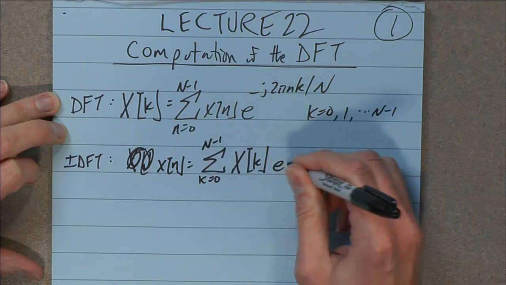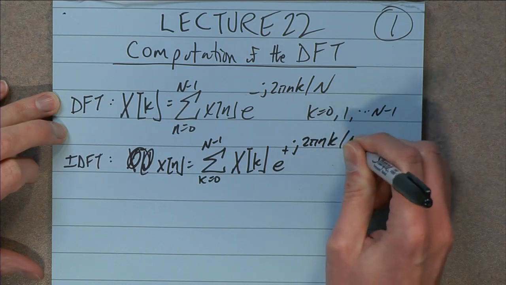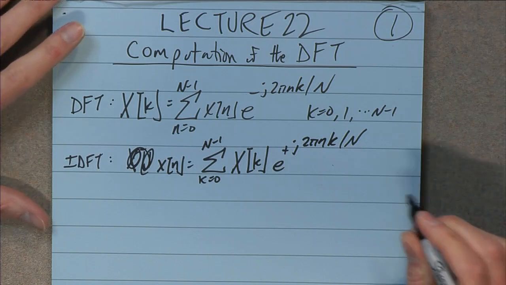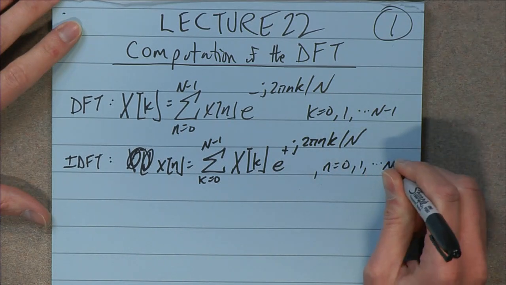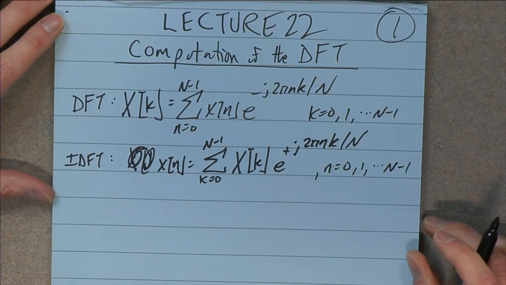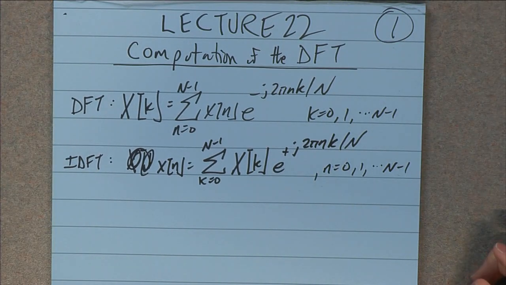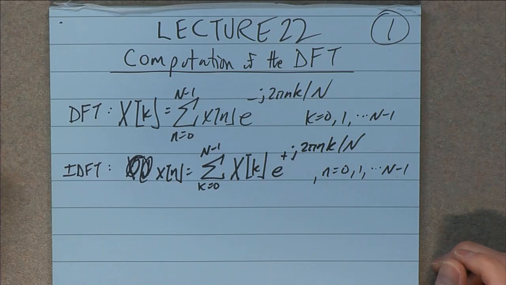Now when we look at these equations, they look pretty similar for the most part. Just a few things different, just the sign of the exponential. So that's not going to affect anything from a computational standpoint. It's still going to be complex multiplies. So anything that we discover or use for the DFT will equally apply to the inverse DFT.